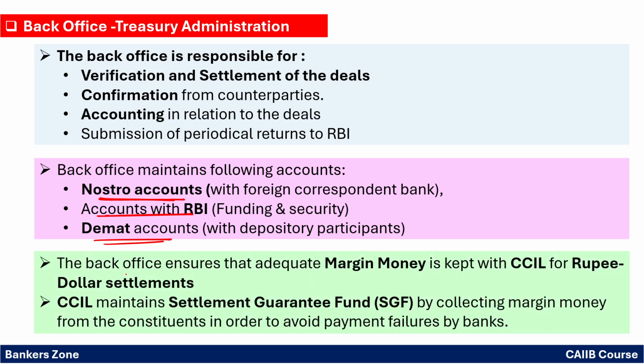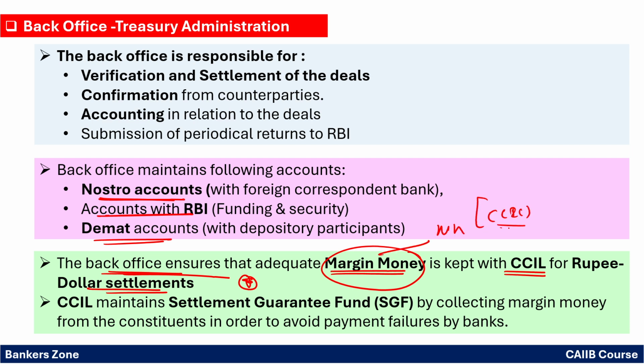Now see, the back office ensures that the allocated margin money is kept with the CCIL, that is for rupee-dollar settlement. It is very, very important. What is CCIL? CCIL is simply the Clearing Corporation of India Limited.